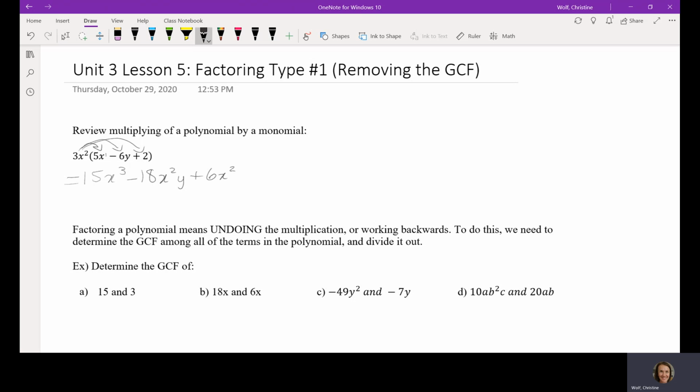So what factoring is, you guys, is actually going backwards. So we just did multiplying, right? We took that expression up there, we distributed, and we multiplied. Factoring is going backwards. Factoring is the opposite of multiplying.